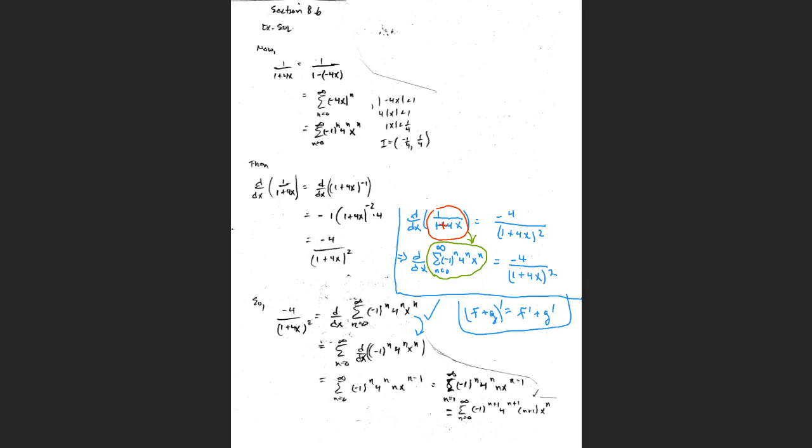So here we have the derivative of an infinite sum. Well, that would just equal the infinite sum of the derivatives. See?